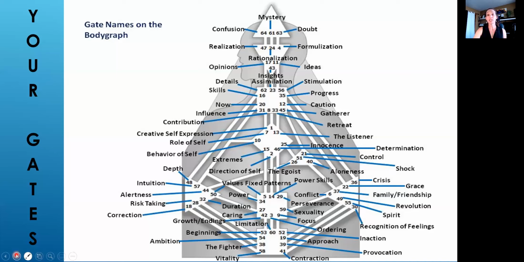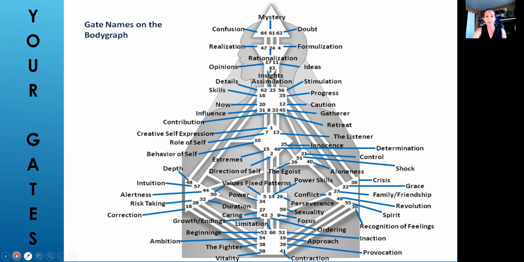Now, each center has gates within it. And I'm just going to share this image right here just to give you a little understanding that every single gate has a purpose and a meaning. These are all different ways where our consciousness has a perspective into the experience of this lifetime.